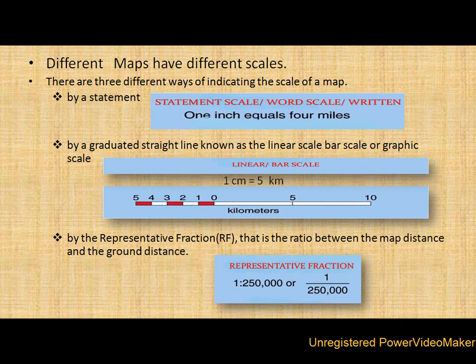Suppose you got a Ghaziabad city map with the scale on it, and the new bus stand to Mohannagar is 1 inch distance on the map, then as per the scale, in reality it is 4 miles. Like that, by a statement, we can give the scale below the map.